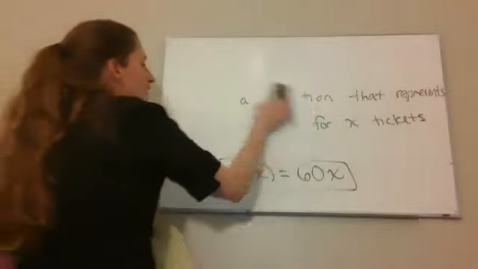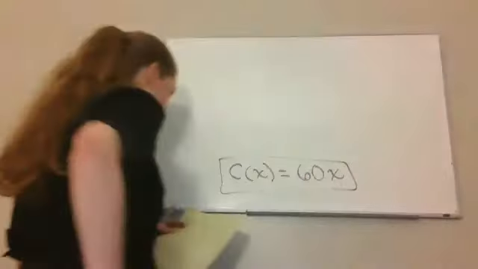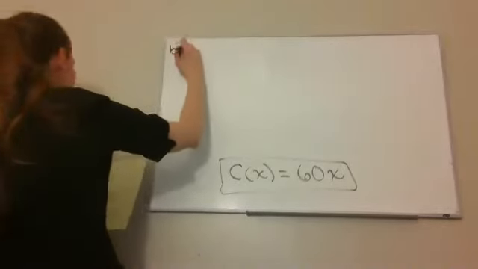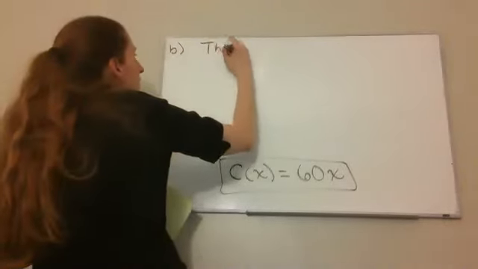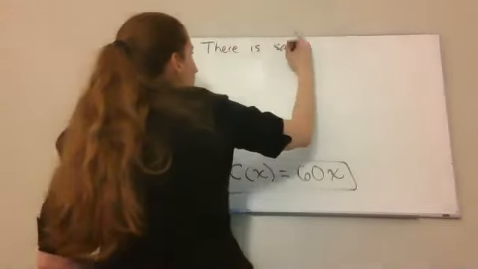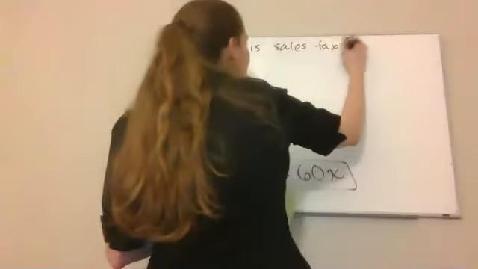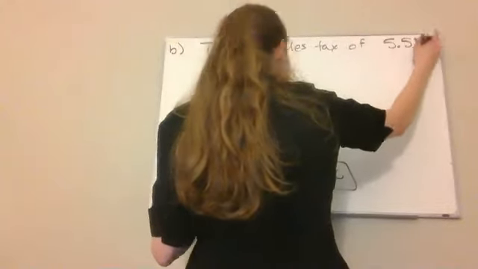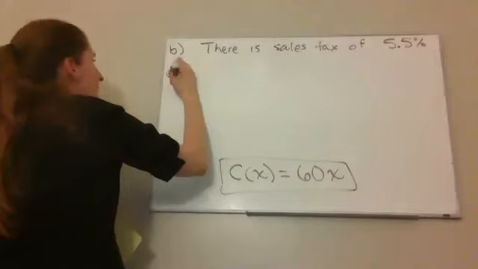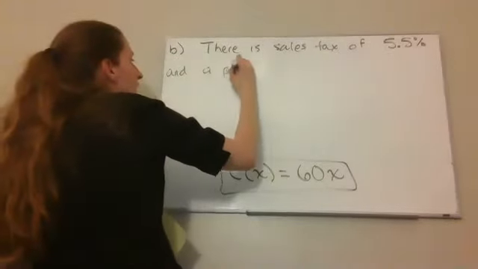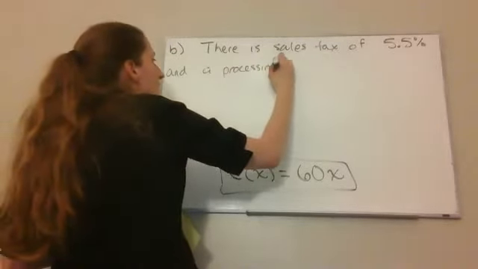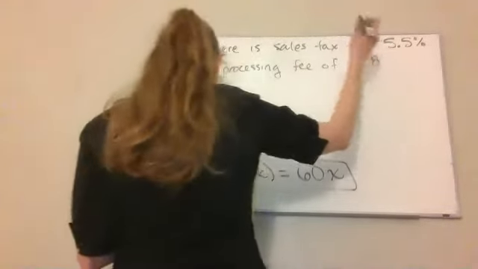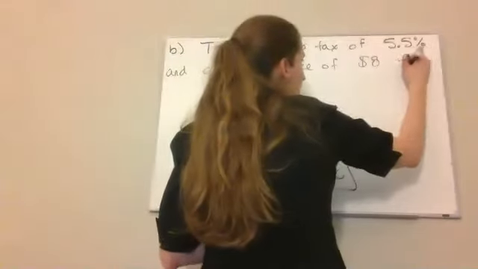Part B, we're going to start talking about including sales tax and a fee. So for Part B, there is sales tax of 5.5% and a processing fee of $8 for a group of tickets.